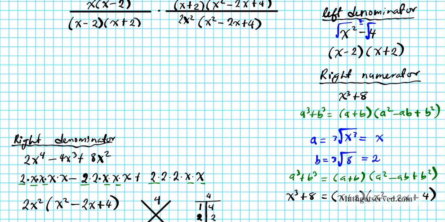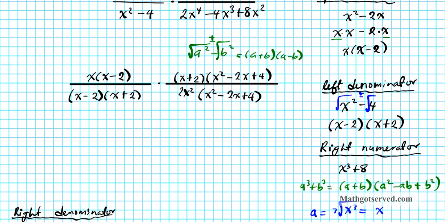Okay? Now that we have everything factored, we're going to multiply across. If you multiply in fractions, remember the rule is you multiply the numerators and then the denominators. So multiply the numerators and preserve the factored state. We're going to have x times x minus 2 times x plus 2 times x squared minus 2x plus 4. That's the numerator on the left and the right, factored. And then in the denominator, we're just going to multiply across also.